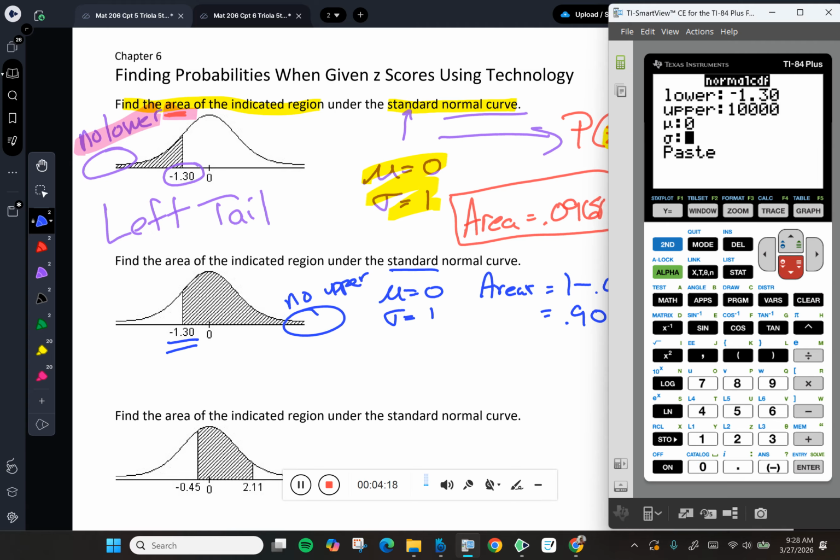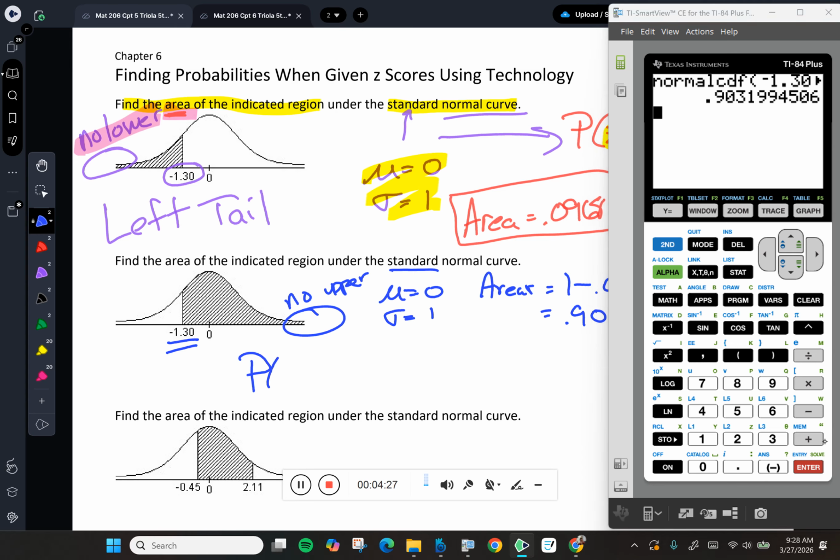Mean is still 0, standard deviation is still 1. Paste that back in, and 0.9032. So I could say that the probability that z is greater than or equal to negative 1.30 is 0.9032, rounded to 4 decimal places.